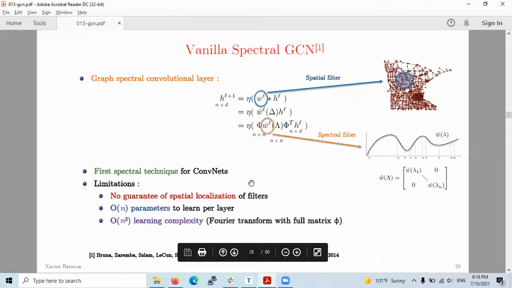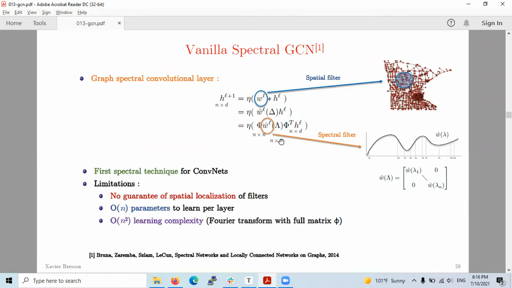If I can zoom in a little bit, this W that we have is effectively a filter. In the frequency domain, it will obviously be called a spectral filter.